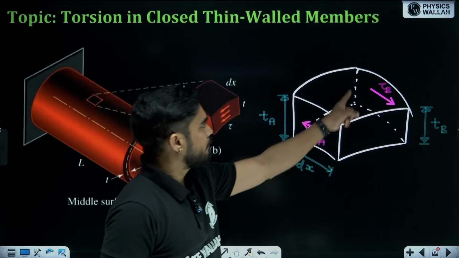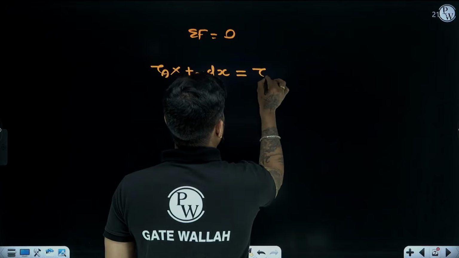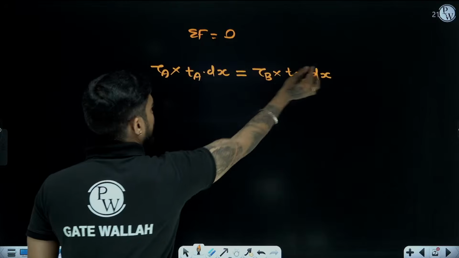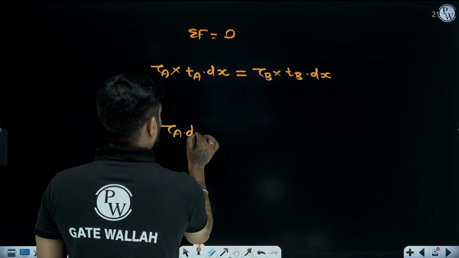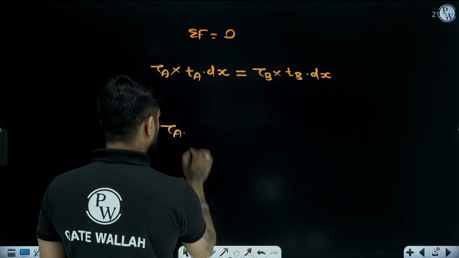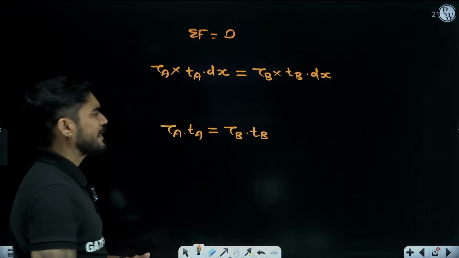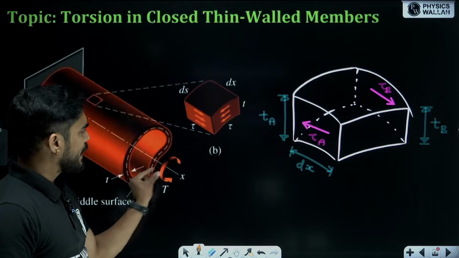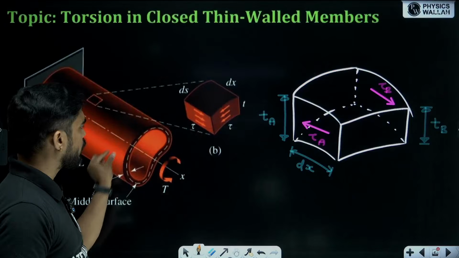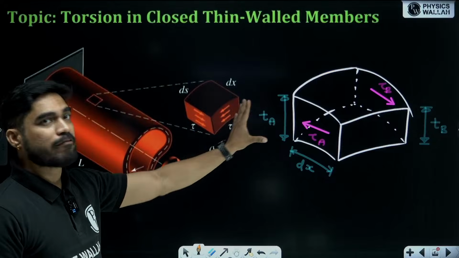And the force developed here is tau B into area, so tau B into TB into dx. Now this dx and dx will be cancelled. You are going to get tau A into TA equal to tau B into TB. If the thickness is constant for the entire cross section, then tau will also be constant. But if the thickness is varying, then tau will also vary.